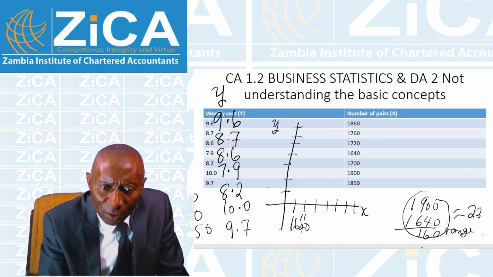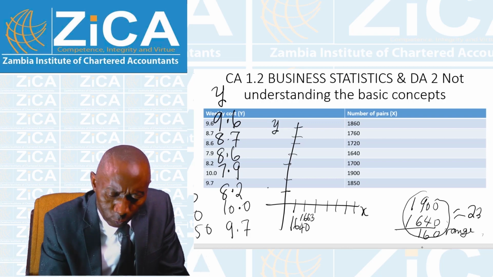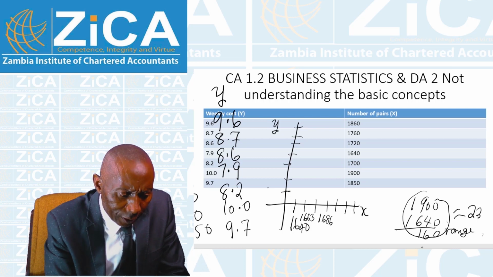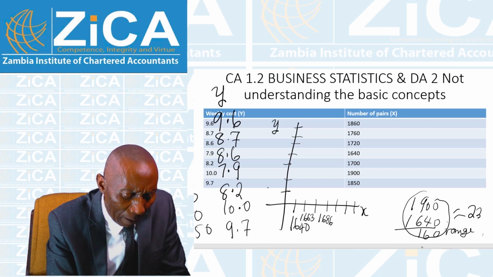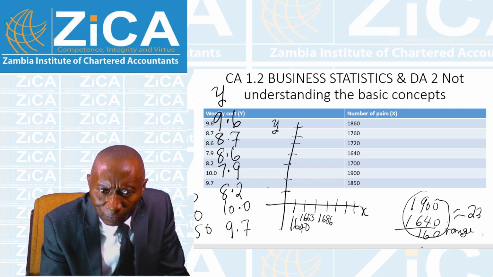The next point will be 1,663, then again plus 23, which will give you 1,686. Plus again your 23, until you capture the maximum number you have there.